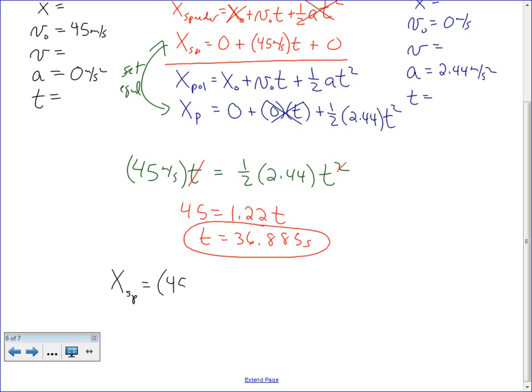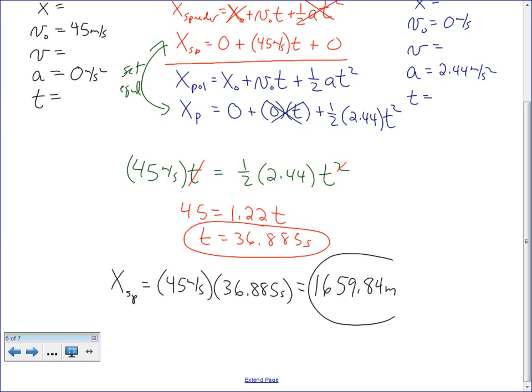That's going to be 45 meters per second times 36.885 seconds. So that gets that the speeder has traveled 1,659.84 meters. So he goes about 1.6 or 1.66 kilometers.